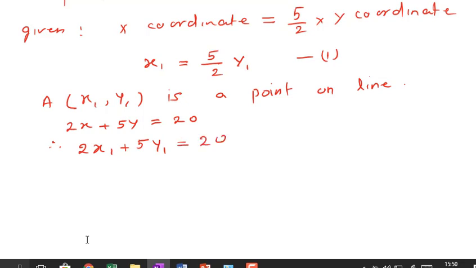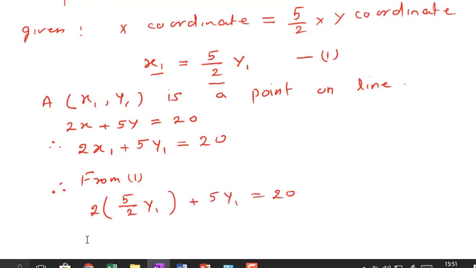Now the value of x1 is 5 upon 2 y1. So from 1, in place of x1 I put 5 upon 2 y1: 2 into 5 upon 2 y1 plus 5y1 equal to 20.